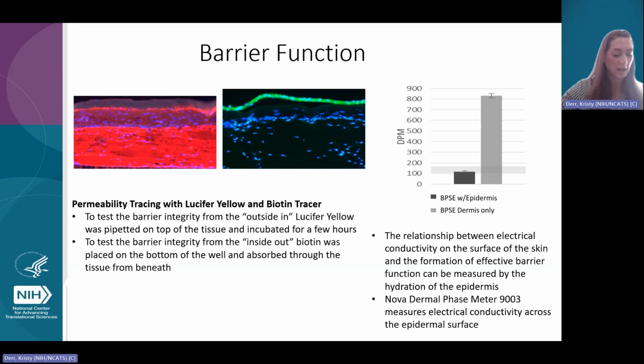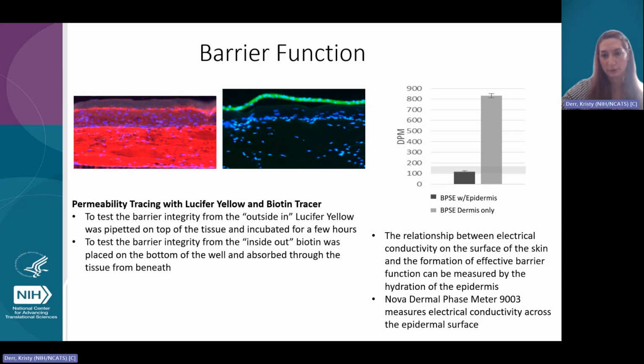So we put biotin underneath the tissue, and you'll see the biotin will penetrate right up to the tight junctions, but will not go past the stratum corneum, which is the very top of the tissue, the dry, flaky area that when you look down at your skin, that's what you're looking at. And then the lucifer yellow, which is shown in green, and that shows the outside in permeation. The green will not penetrate below the stratum corneum.